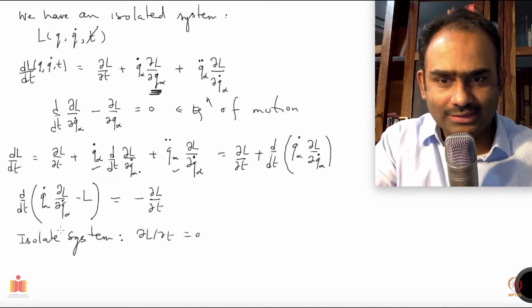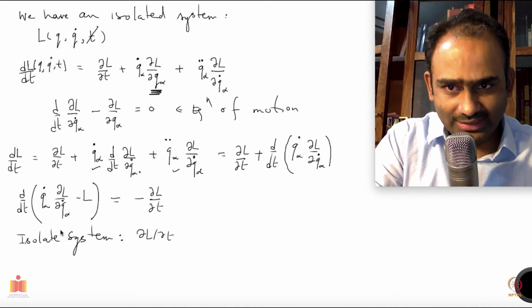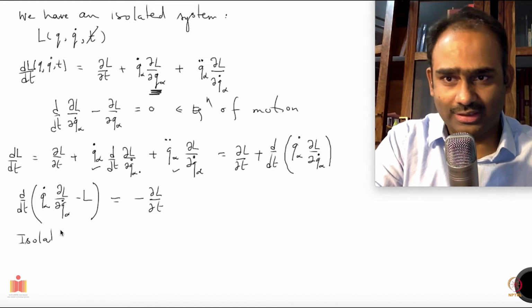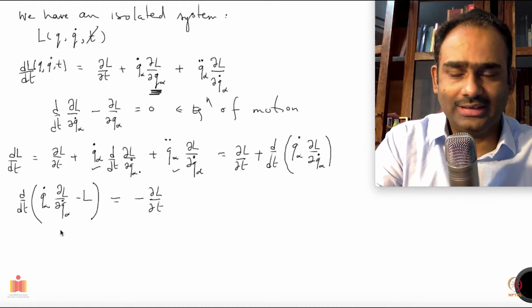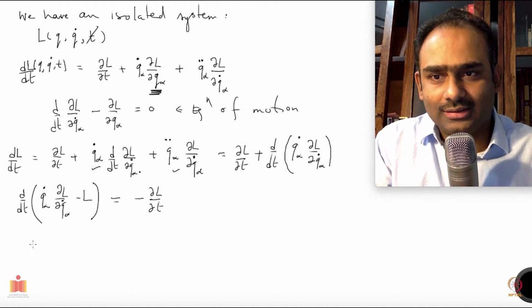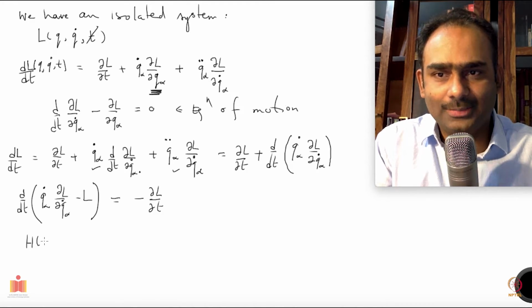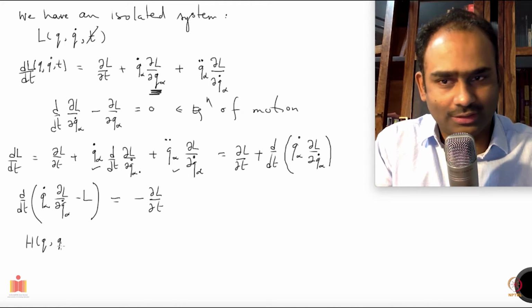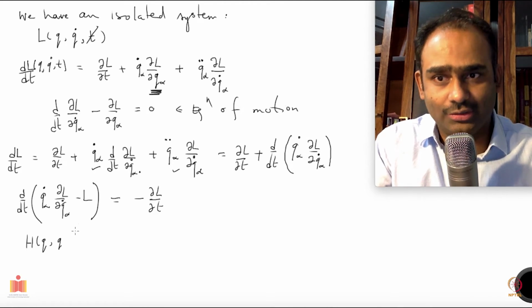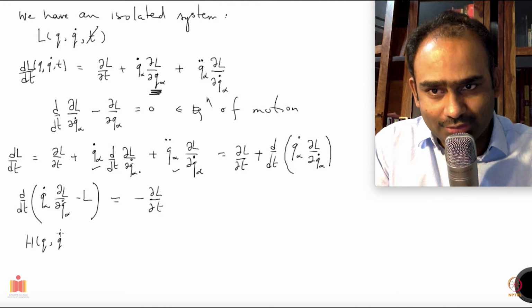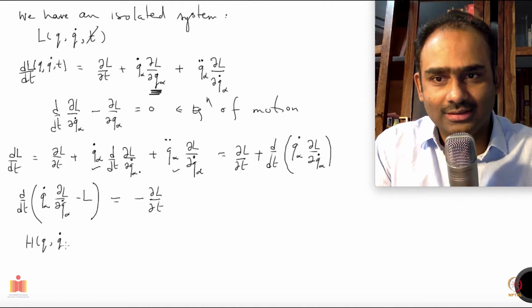So it makes sense to define, in general, not necessarily for an isolated system, this quantity to be h, and this h depends on q and whatever the generalized velocities are, because they appear in the Lagrangian, right? So L has q dependence, q dots, and L has t.